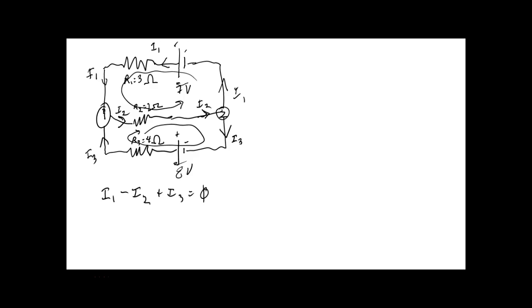Now, we know the voltage here, okay? So that's going to be my right-hand side. So let's start at this point right here and go around this circuit in the direction indicated by the arrow inside the circuit. So inside there we have a voltage drop.